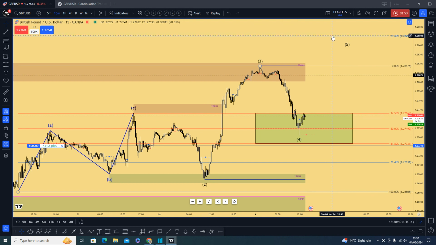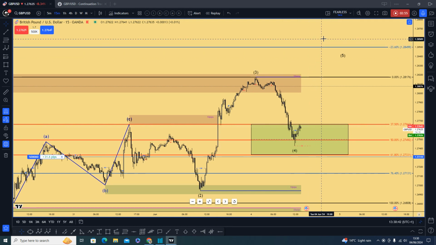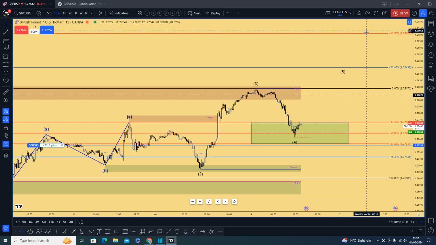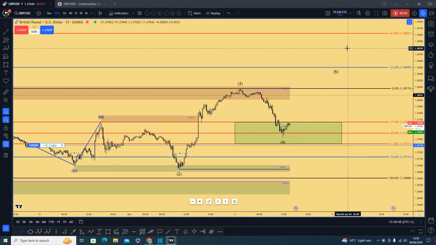And we have the T1 here, which is the 128.49. We have the T2, 129.02. So expectation is for price to make a new high, okay, above the 3, and we can assess how the price is behaving around the T1 and the T2.